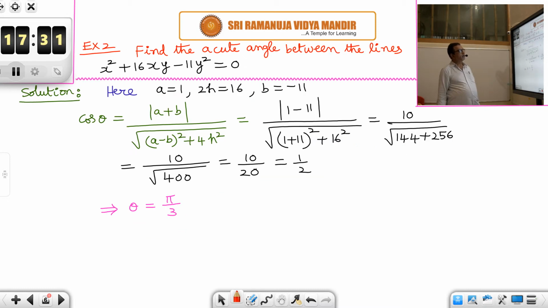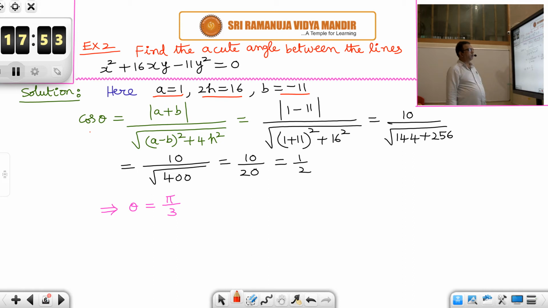Okay. Again, same model. Find the acute angle between the lines x square plus 16xy minus 11y square is equal to 0. What is the value of a? X square coefficient 1, 2h, xy coefficient 2h is 16 and y square coefficient b is minus 11. Again cos theta formula.